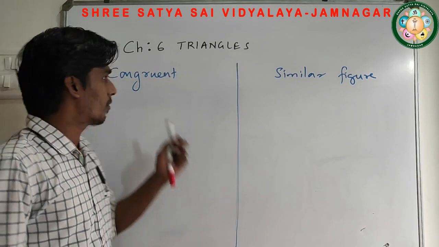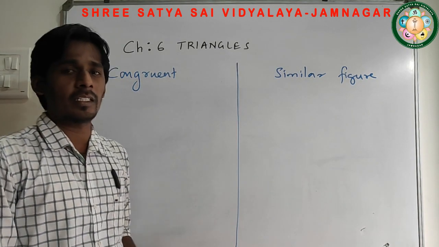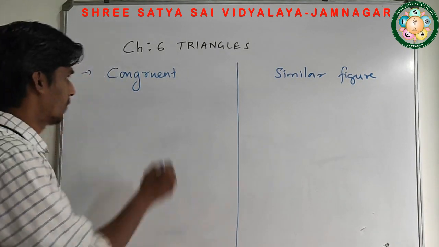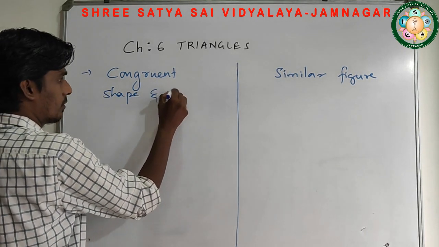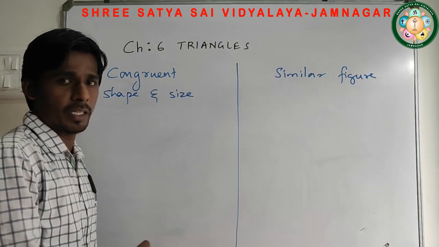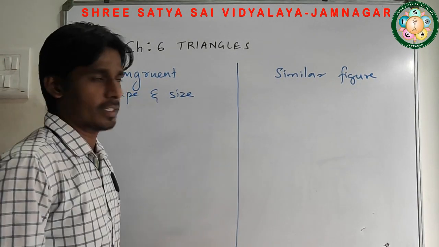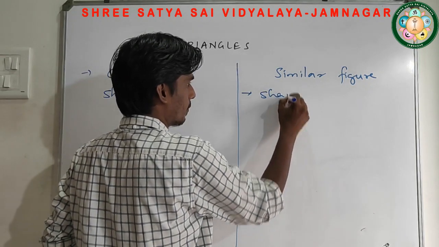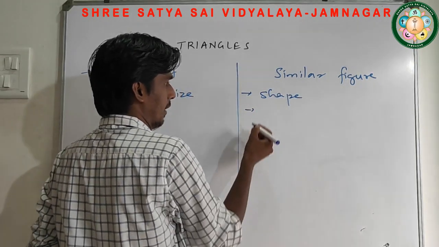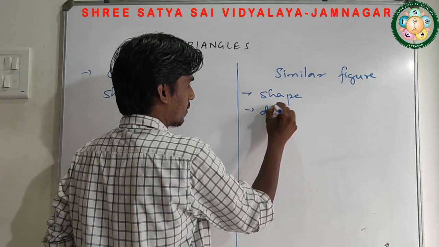The basic thing in congruent figures is that the shape and size both are equal. Size means the measure of the length or anything is always equal. While in similar figures, the shapes are similar, but they are of different size.